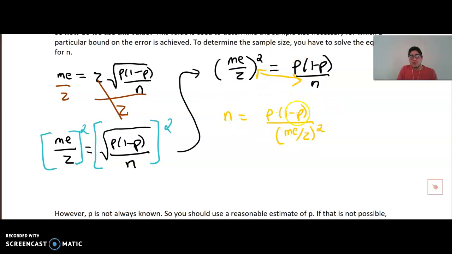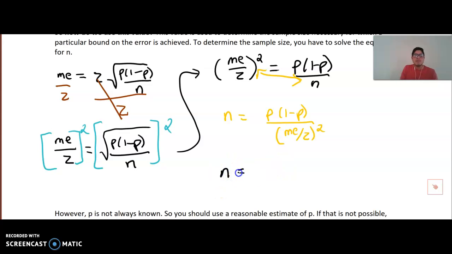You could leave it at this point and just plug everything in and then get a value. But we're actually just going to make this look a little bit prettier, which I know it's difficult to believe, but here goes nothing. When you divide by a fraction, you're technically multiplying by the reciprocal, or KFC, keep, flip, change.